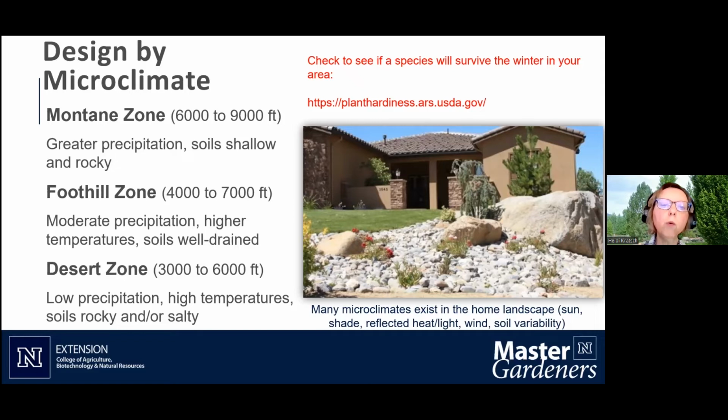If you don't know what hardiness zone you live in, you can visit the website on this slide, planthardiness.ars.usda.gov, and that will allow you to zoom in and find out what zone you live in so that you can select plants that can survive the winter in your area. This won't apply to all parts of the state, but many parts of the state will have to consider this, especially if they're planting plants that they would like to survive more than 1 year.